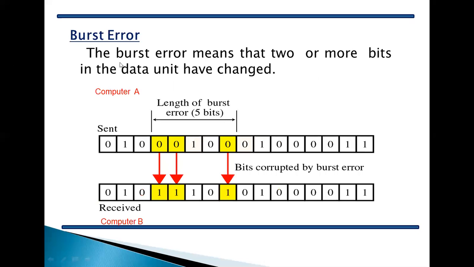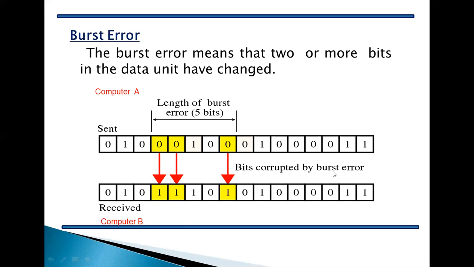The burst error means that two or more bits in the data unit have changed. In the above figure, the message is sent by computer A and computer B receives the message.